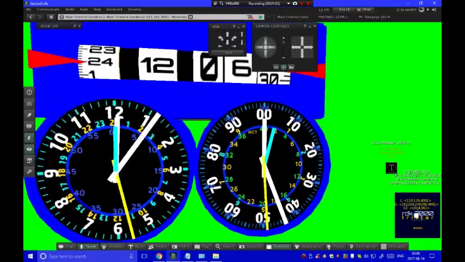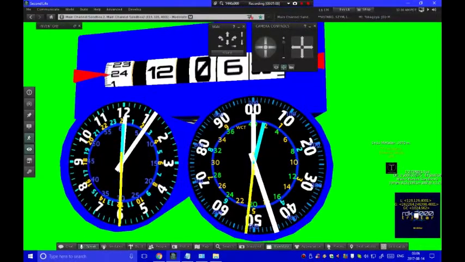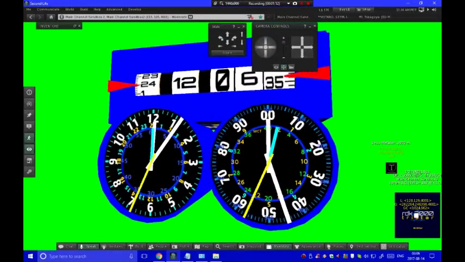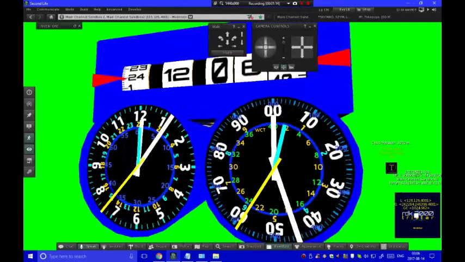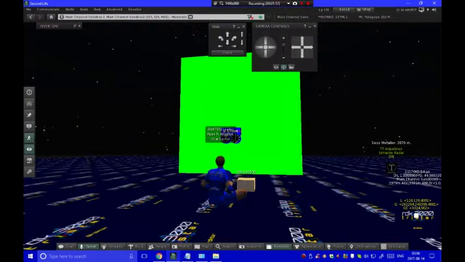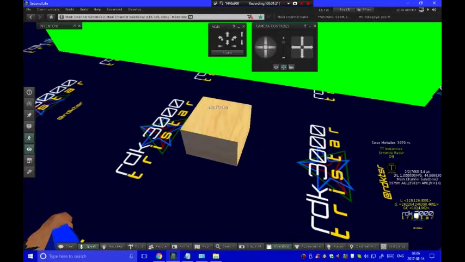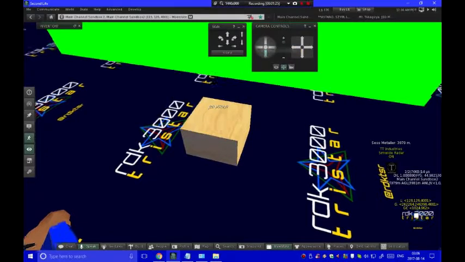You can see here, it shows the decimal portions of the day. And as I explained earlier, right now this is a controller, like a time master clock.